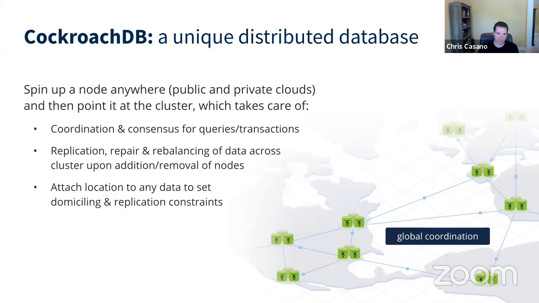So yeah, let's talk about the database a little bit. What's interesting is that Cockroach is able to spin up nodes in all parts of the world. We can spin up in public clouds, private clouds, on-prem hardware, VMs, Kubernetes, you name it. We're very much hardware agnostic. And because you can spin up all these nodes in different places, you can also connect them all.